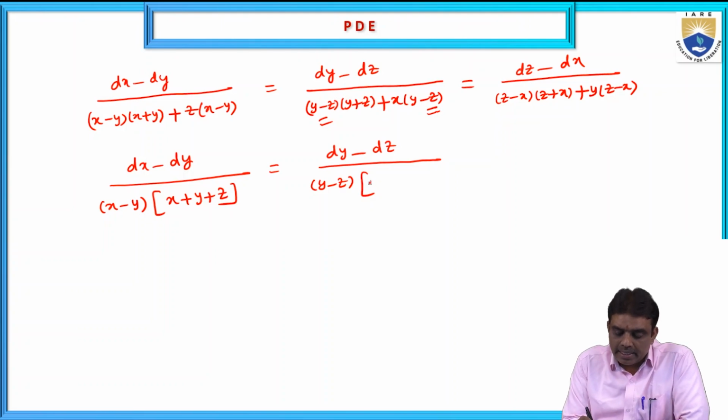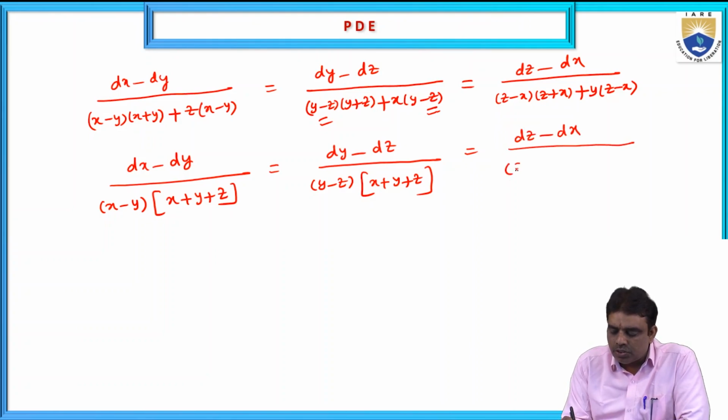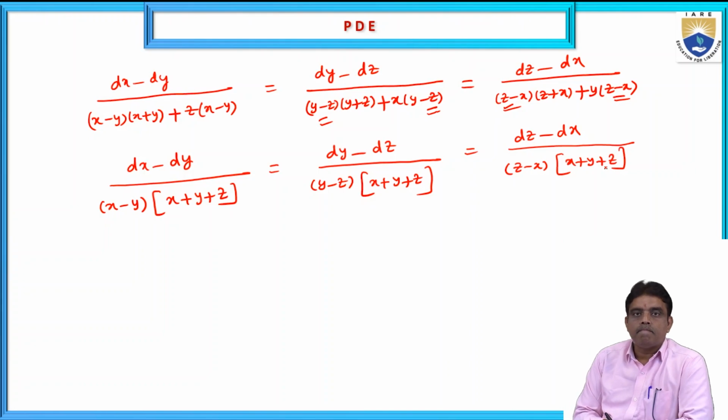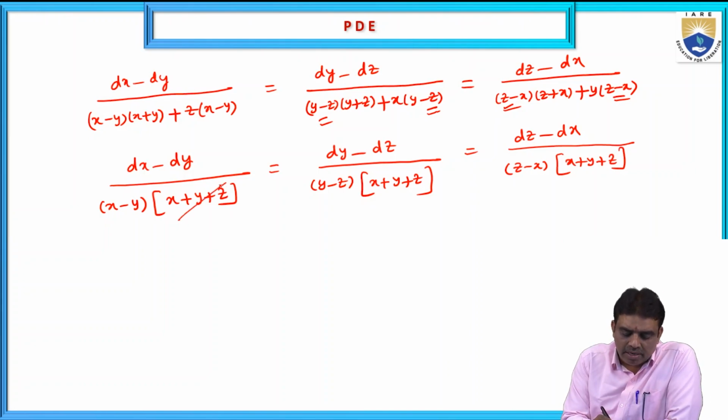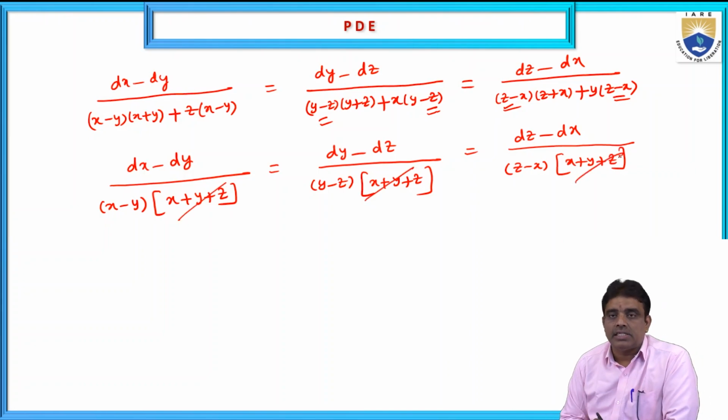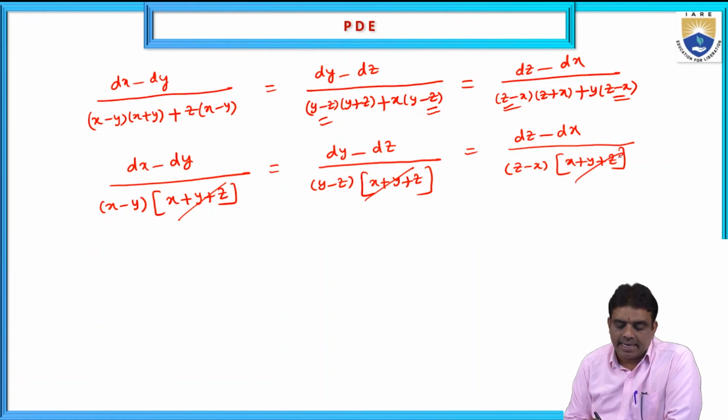So what you will get? x plus y plus z again. And in the last term, dz minus dx by, here also z minus x is common. So on taking out, you will get x plus y plus z. So you can observe that in all the three terms x plus y plus z is common. I can cancel it out in all the terms.